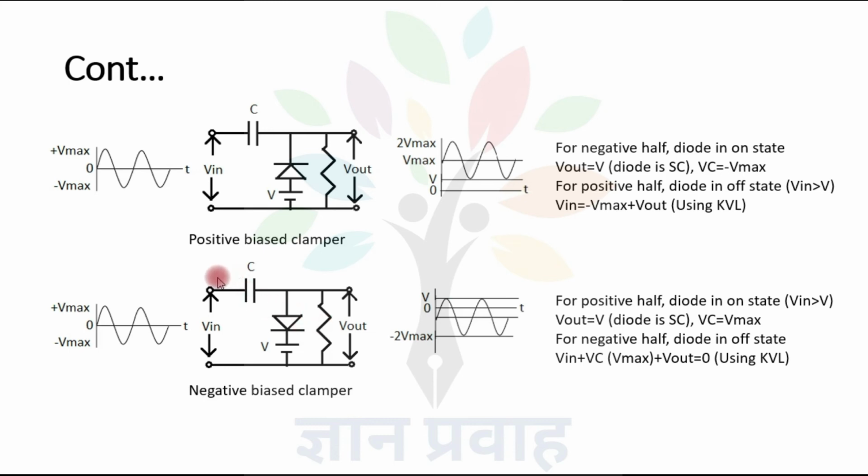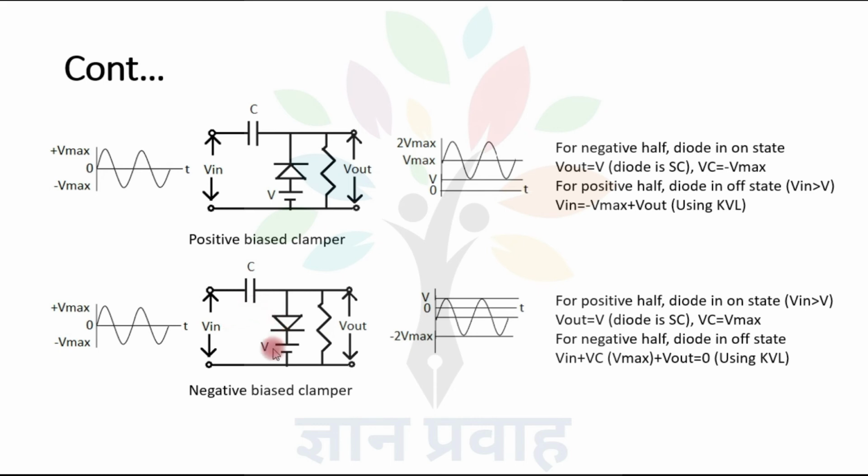For the negative half, this terminal is negative, this one is positive. So this terminal is negative and this terminal is positive. It means the PN junction diode is operating in reverse bias because the N side is connected to the positive terminal of this battery, and here the positive terminal is here due to the negative half of the input signal.